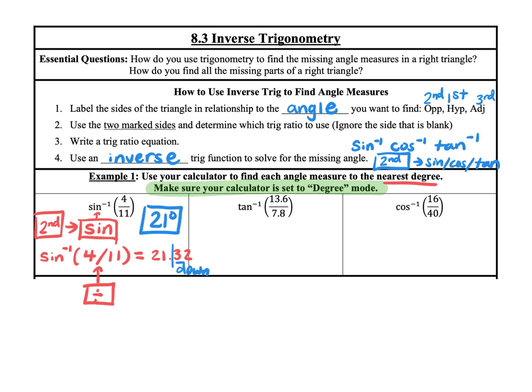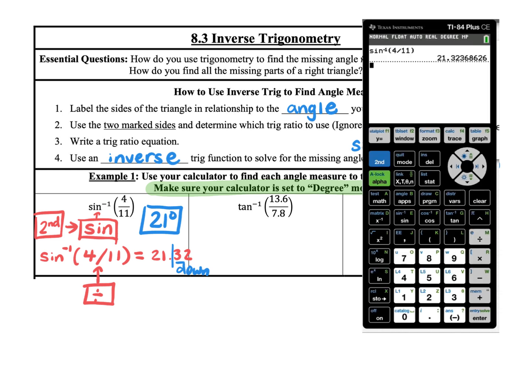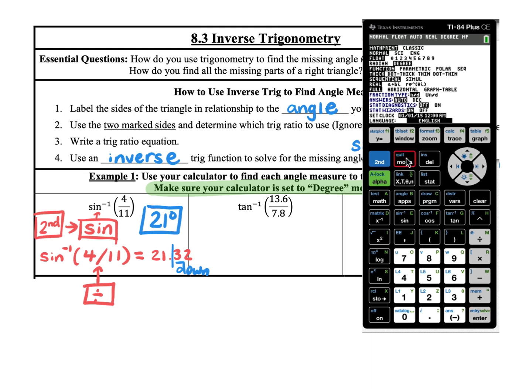Let's try the next one here. And I'm going to just go straight to typing this in my calculator. Now let's do the inverse tangent of 13.6 divided by 7.8. If you still have your calculator open, you should already be in degree mode, so you only have to do that the first time you use your calculator. But if you close it again, if I were to shut the tab and reopen it, then I would have to do it over.